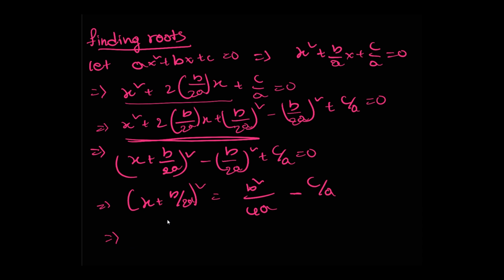Now, root it on both sides. x plus b by 2a equals to plus or minus root over b square by 4a square minus c by a.